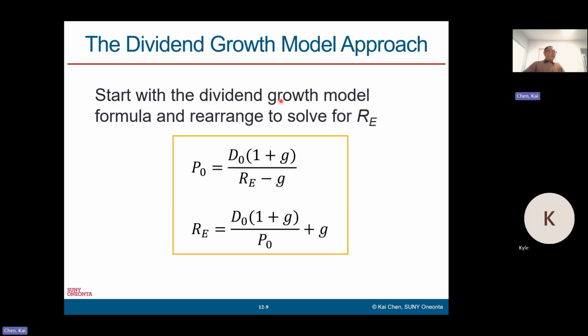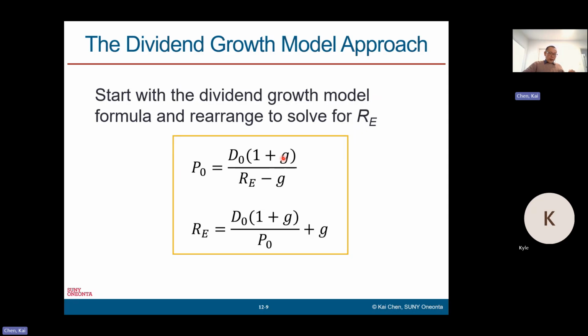Now, first of all, let's look at the dividend growth model. We start with the formula, which I believe you can remember. P0, the price of a stock at the beginning of a period, equals D0, the dividend that was just issued, times 1 plus G. Here, G is the growth rate of the dividends.